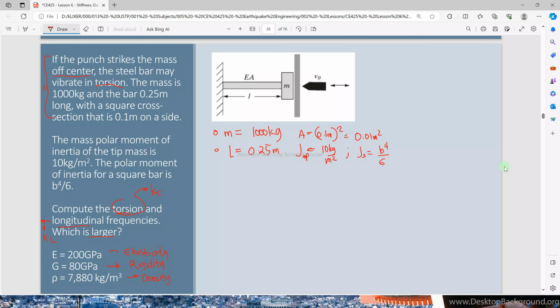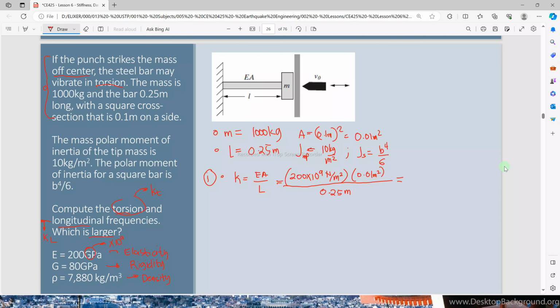So, what we will do first is solve the longitudinal or axial stiffness, and then solve the torsional one. The longitudinal stiffness is easy, that is just K is equal to EA over L. So we have 200 times 10 to the 9 Newton per square meter, since giga means 10 to the 9, times the cross-sectional area of 0.01 square meter, over 0.25 meters.